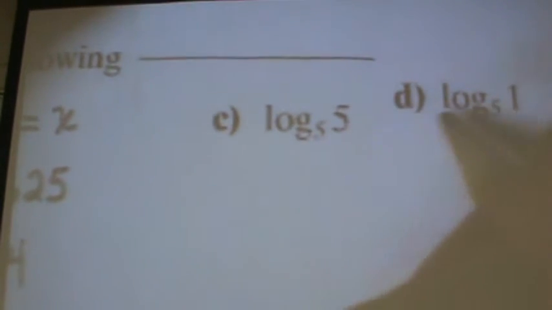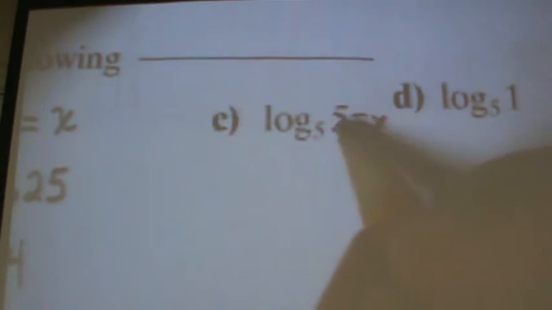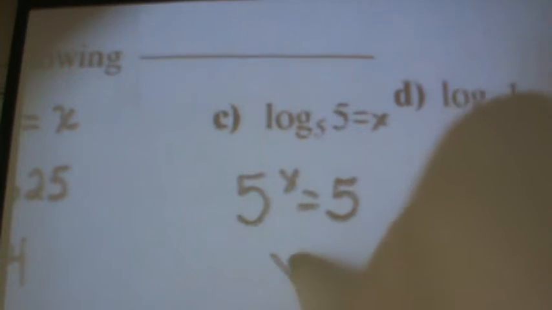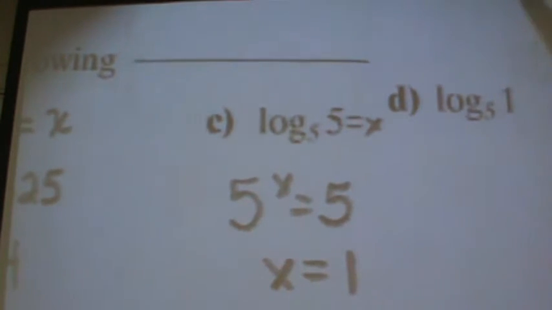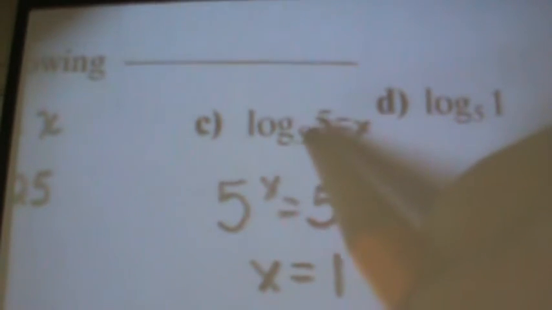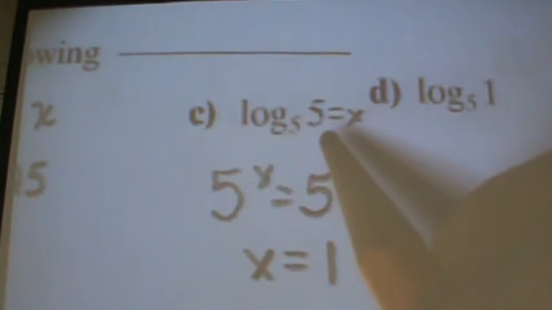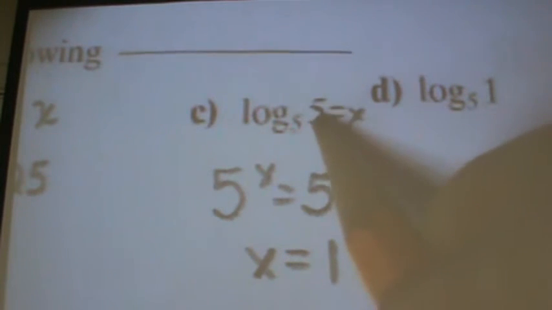How about this one? Sorry I squeezed these in here. 5 to what power is 5? 1. Now, can someone tell me a little trick that they remember from last year? I know I went over this last year with you guys. What if these two numbers are the same?